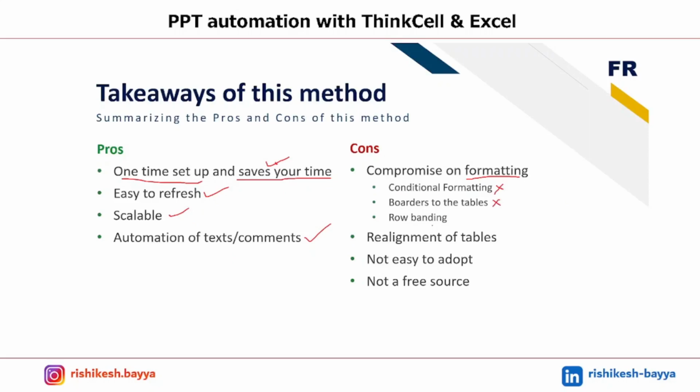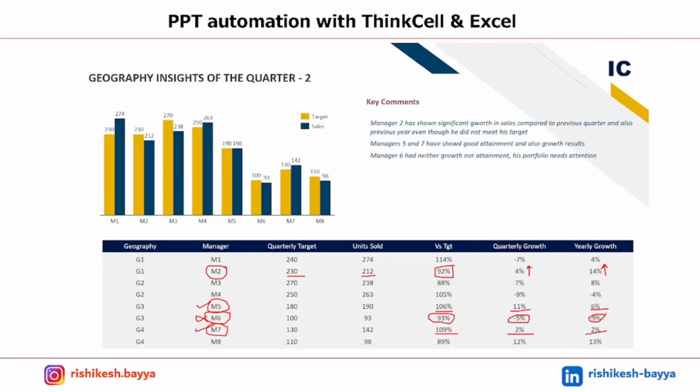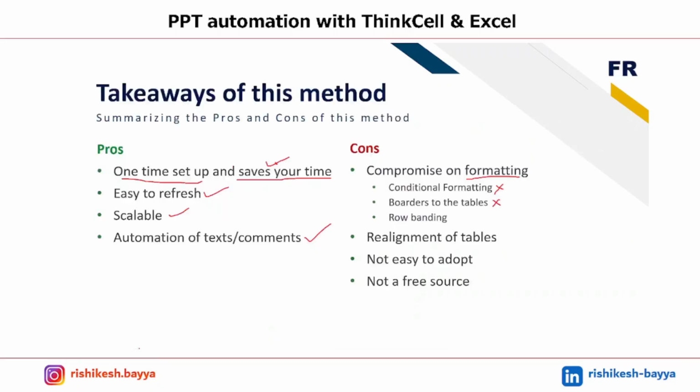Again, row banding. So if right now this table has just 8 rows, right? If there are more rows, it is again difficult. It will be a little difficult to read because you definitely need some demarcation between the consecutive rows, which is not available here, right? The second con of this is realignment of tables.